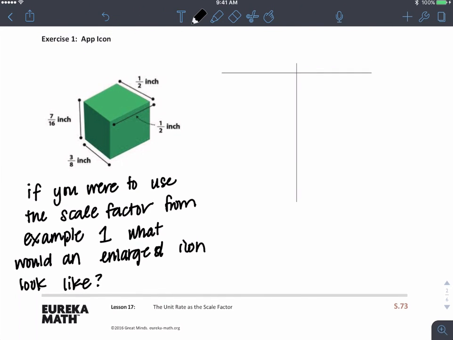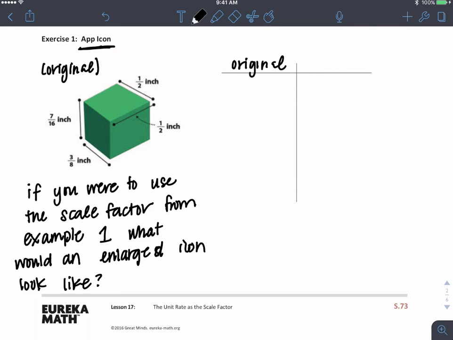Here is our app icon. That's where I got this. This is the original. So we would put all of those in the left column.